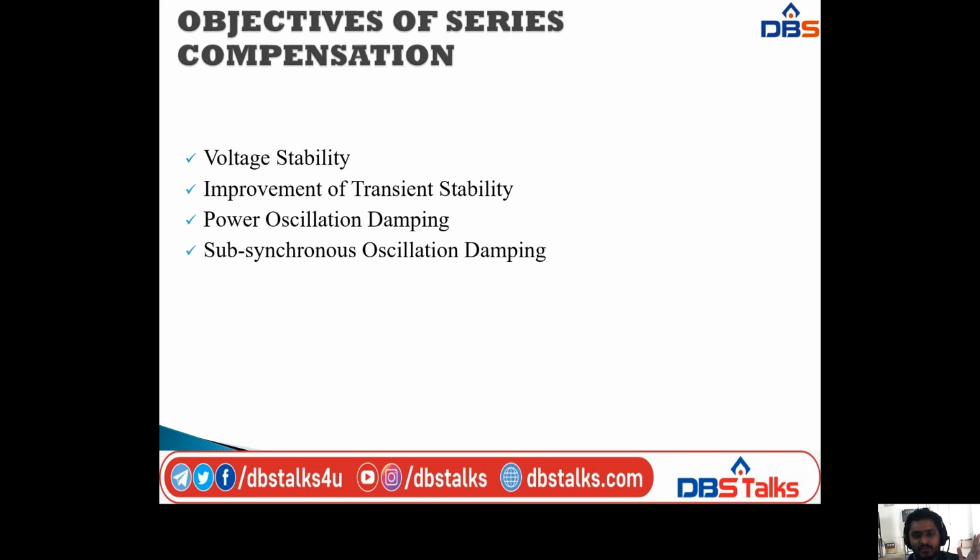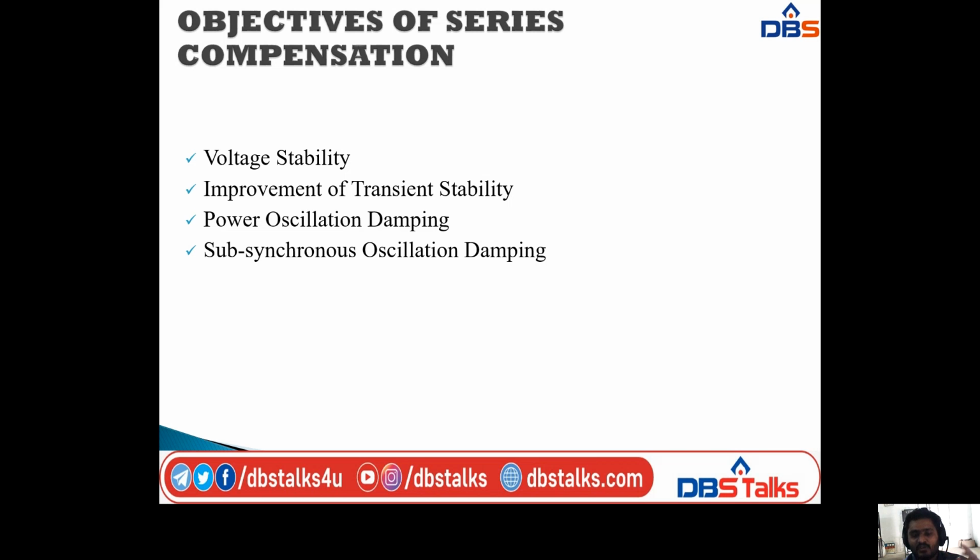Now we are moving to the second concept, that is objectives of series compensation. Actually we have different objectives of series compensation, listed below: voltage stability, improvement of transient stability, power oscillation damping, and subsynchronous oscillation damping. So here we have four objectives.